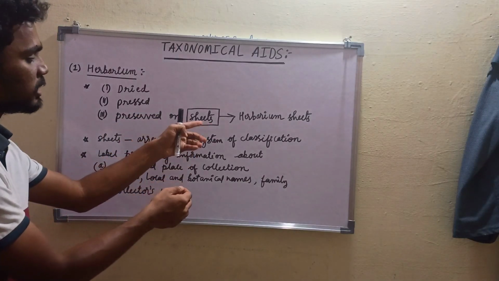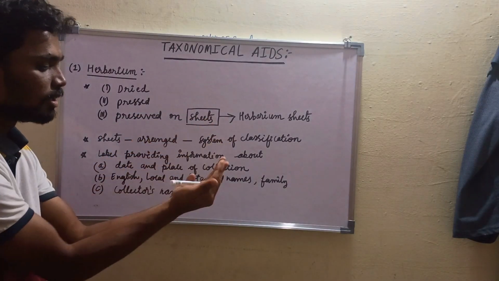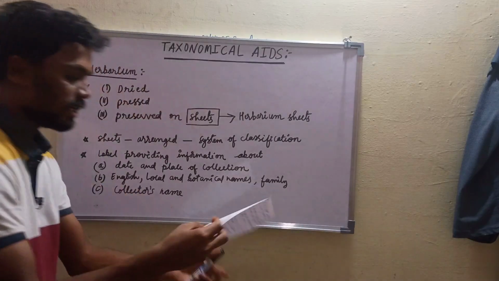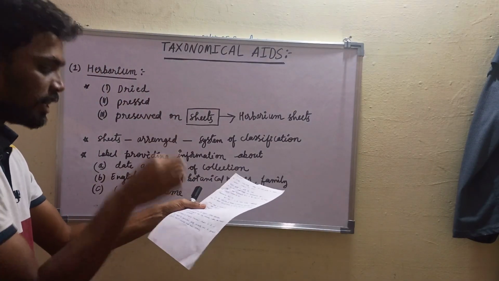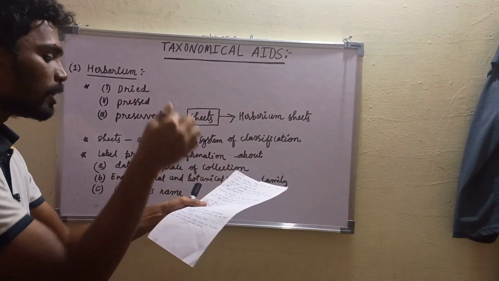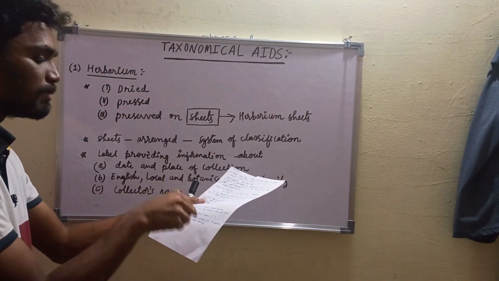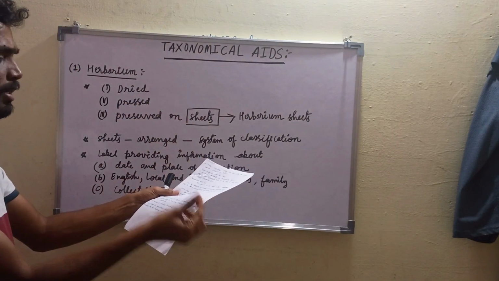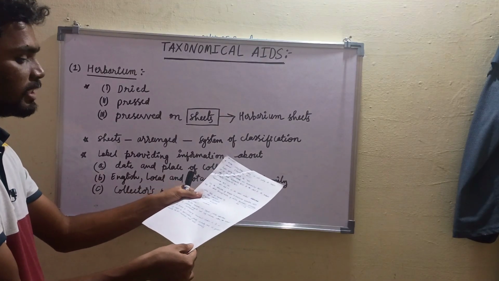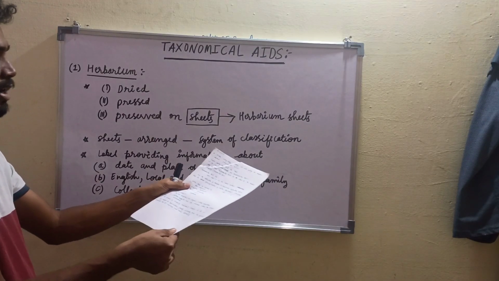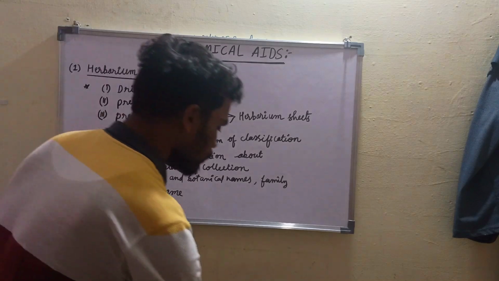Here the sheets are called herbarium sheets. Let us take an example, this is the sheet. The sheet is called a herbarium sheet. Here we preserve a specimen by drying, pressing and preserving it on the sheet. This sheet is called a herbarium sheet.